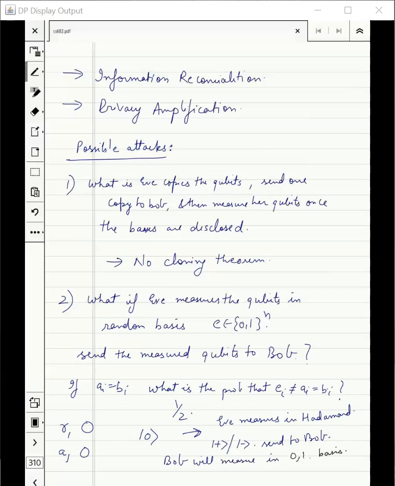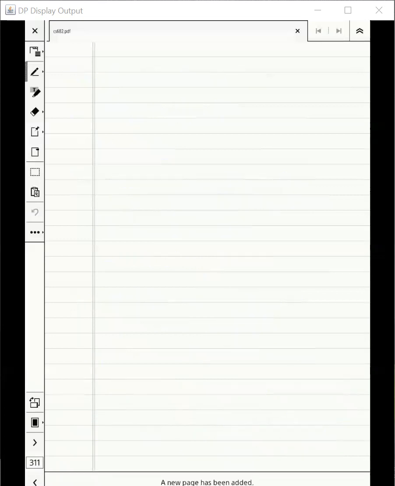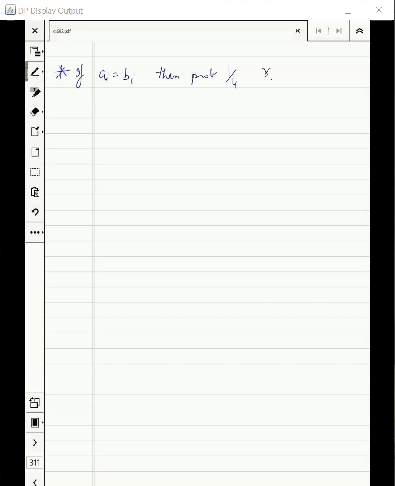Then again, with probability half he will get 0, and with probability half he will get 1. That means if Ai is equal to Bi, then with probability 1/4, Ri is not equal to Si.